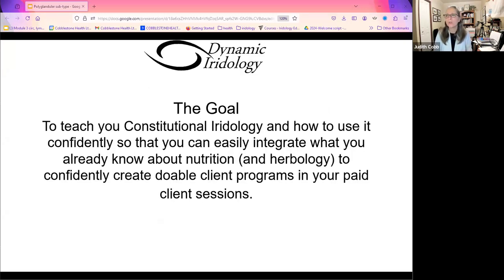The goal is to teach you constitutional iridology and how to use it confidently so that you can easily integrate it with what you already know about nutrition and herbology to confidently create doable client programs in your paid client sessions and to create repeat clients. We don't want to do this as a one-off thing. We're not going to give our clients a long list of markers, a long list of the problems it could be, and a long list of what they need to do with it.